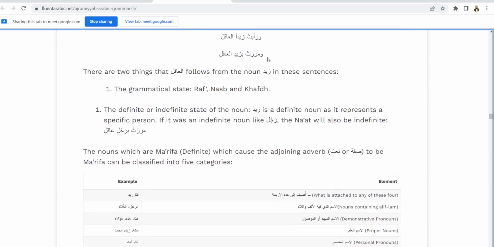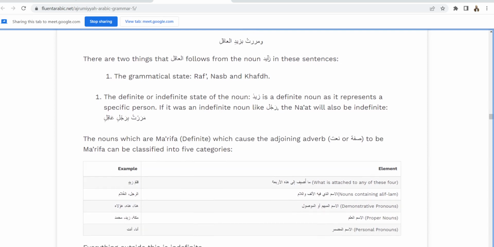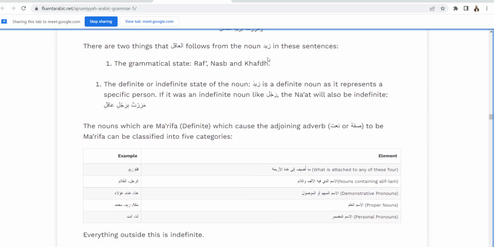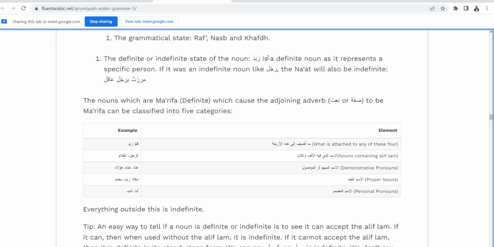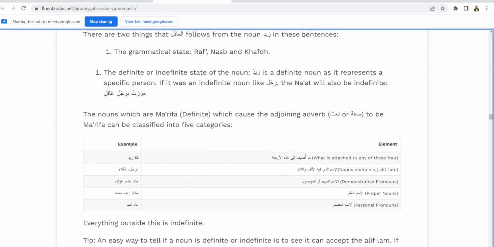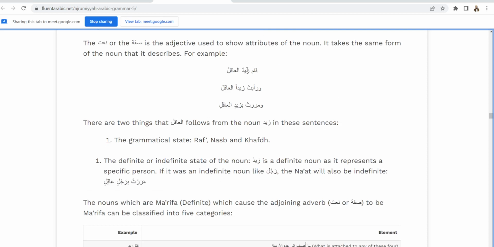Number one, the grammar: رفع نصب خفض. Number two, definition. So he says here, Zayd is the definite noun that we know. Al-aqilu is the description. So we have added alif lam to it because Zayd has been explained.